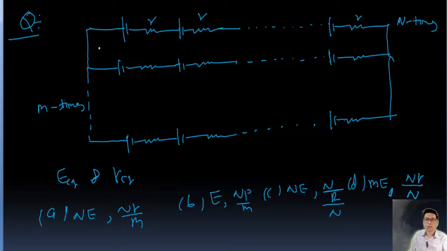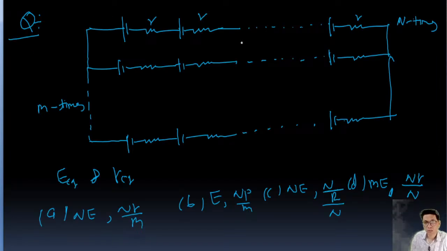So how are we going to solve it? Very simple, guys. You can see these are in series, right? So there are n cells and R resistances. Similarly, n cells, R resistances, and if you go down, there are m times cells, right? So first we'll find out for the first row.